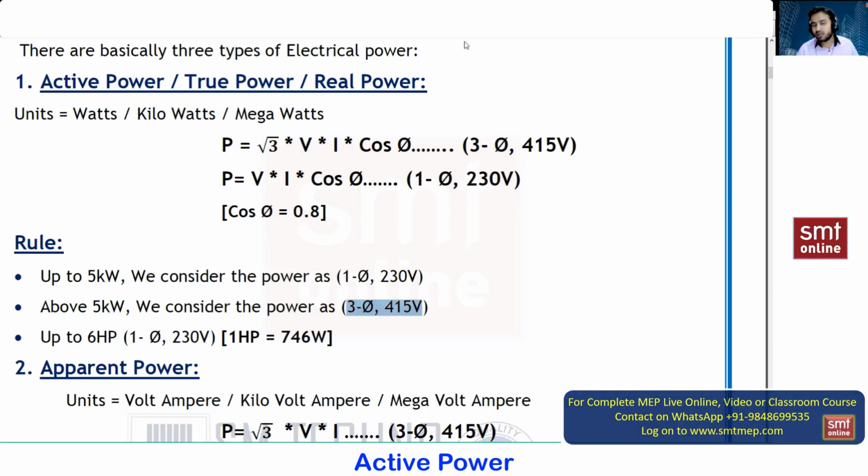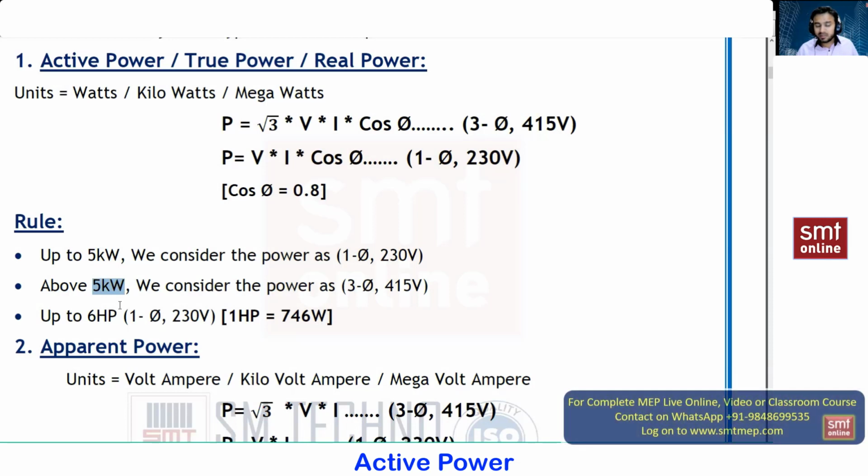In some countries and states, we go up to 4 kilowatts also, and this value will be more than 4 kilowatts in some cases. So these two values you have to cross verify with the state electricity board.